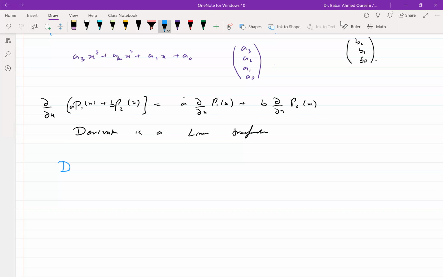If I order the basis this way, I call E3 is x cubed, E2 is x squared, E1 is x, and E0 is 1.